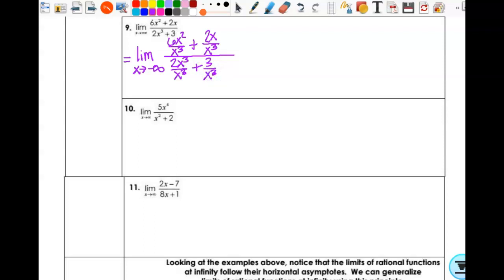So I literally just divided every term by x cubed because the highest exponent of x from the denominator was x cubed. Okay? Everybody with me so far?